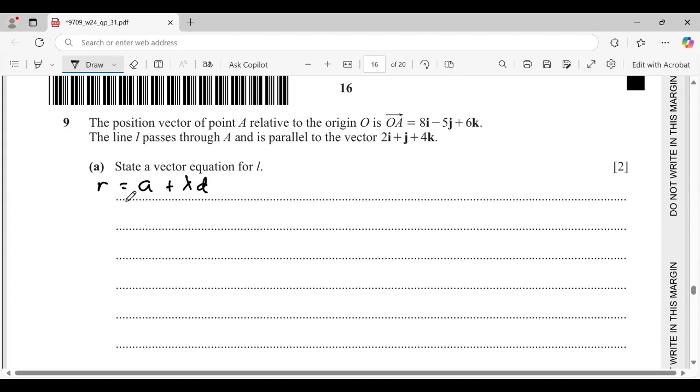Based on this information, given that OA equals 8i minus 5j plus 6k, and this is d, d equals 2i plus j plus 4k.